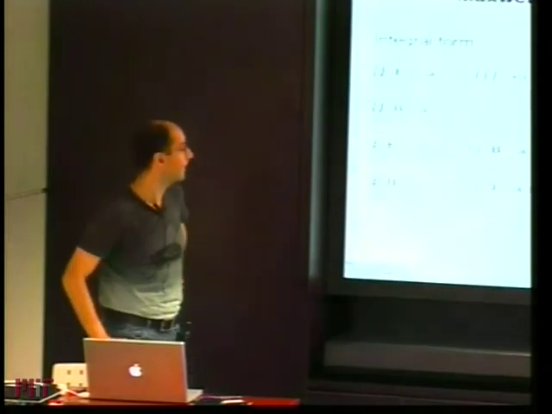Okay, what about the second one? That means the closed surface integral is 0, which means B is a closed line.